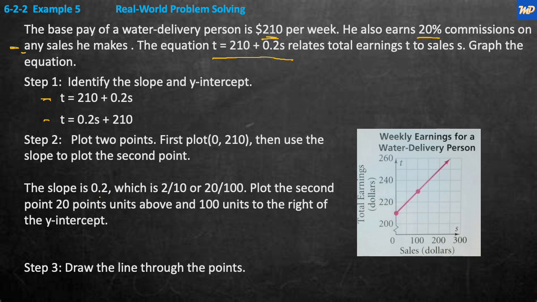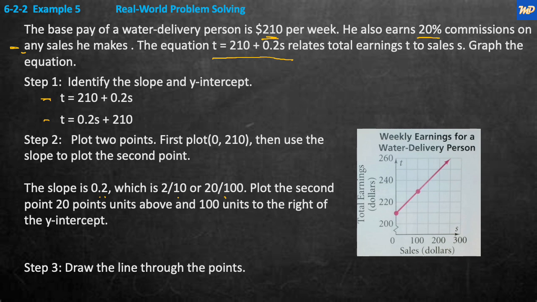They told you the slope is 0.2, which is 2 divided by 10, or 20 divided by 100, or you just keep multiplying, or 200 divided by 1,000. That's the 0.2. But what they're trying to do is get you into a range here. Let's pick a slope that's going to fit nicely in our graph and look right.